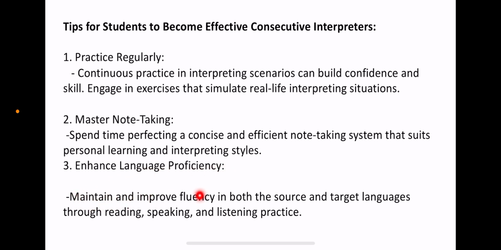Maintain and improve fluency in both the source and the target languages through reading, speaking, and listening practices. So it is very important for the interpreter to maintain fluency, to be able to deliver the message with minor mistakes at most, so that the message can be understood and effective.